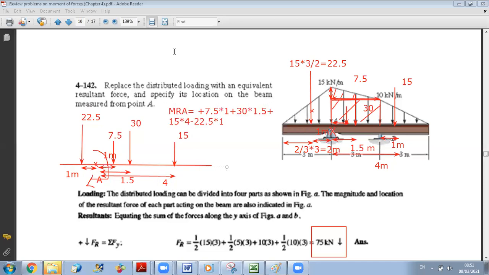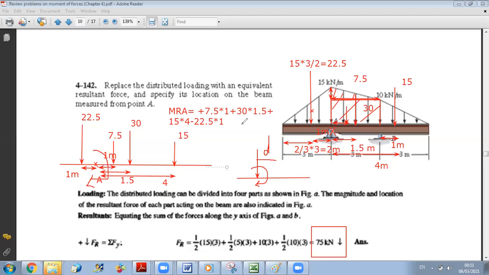Okay, so now once you reduced it to one force and one moment at A, you can say that I can replace the system. So now I end up with this. I end up with a system at A having a downward force and a clockwise couple. So how can I get rid of the clockwise couple? I should move the force a certain distance d from A to produce the same effect.